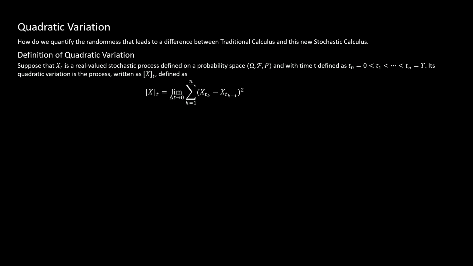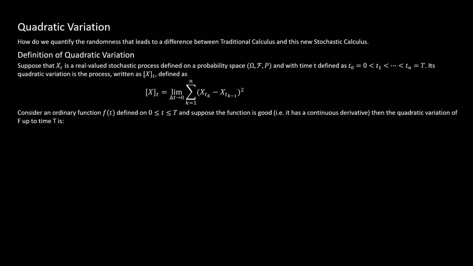So again, we take the difference in the values of our stochastic process, which will be small, then we square them, which will make them even smaller, and finally we will sum over all of these small things.